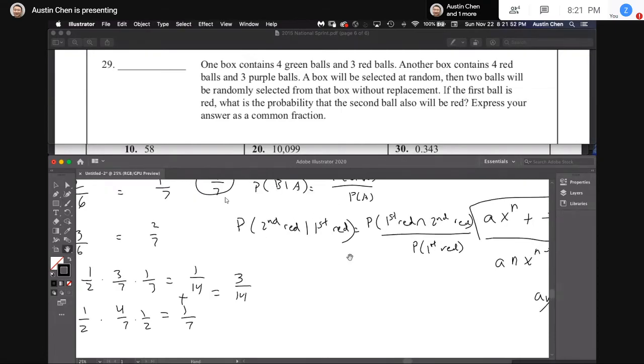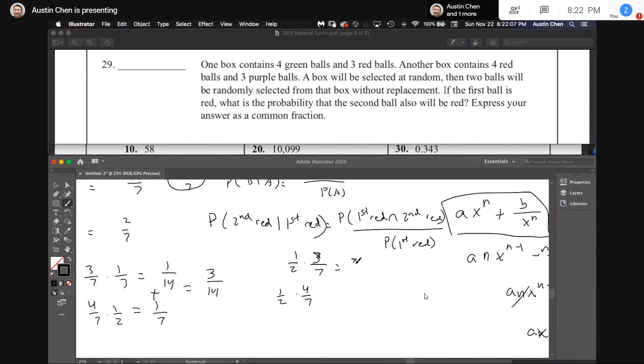And what is probability of first red? Well, we're just gonna have the 1/2 again. Well, we're gonna have this except without the 1/3 and 1/2, right? So like that, like that. And then you just add them together, if I did this right.